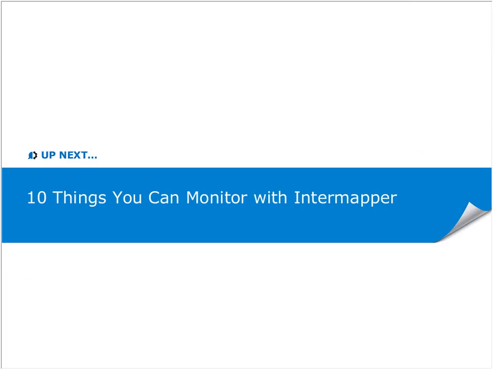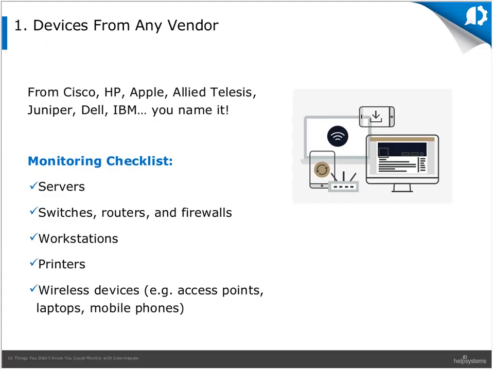So what are 10 things that the Intermapper product can assist you with and help you monitor? The first thing is the ability to monitor and capture information from pretty much any device from any vendor. The nice thing about our product is we're vendor agnostic, so it doesn't matter what vendor we're talking about.